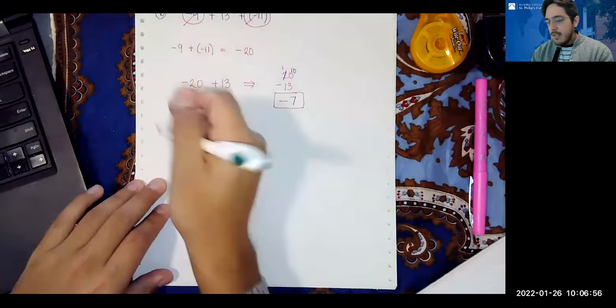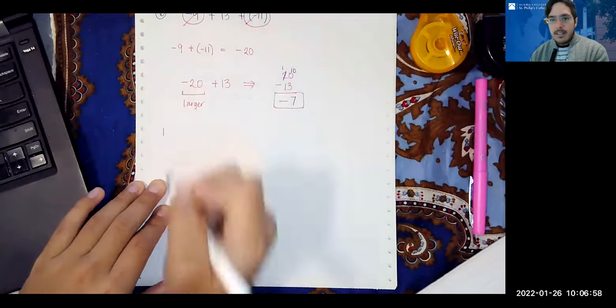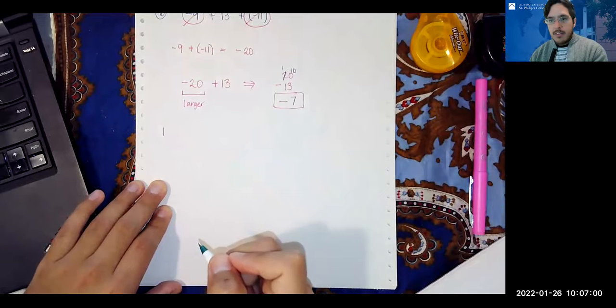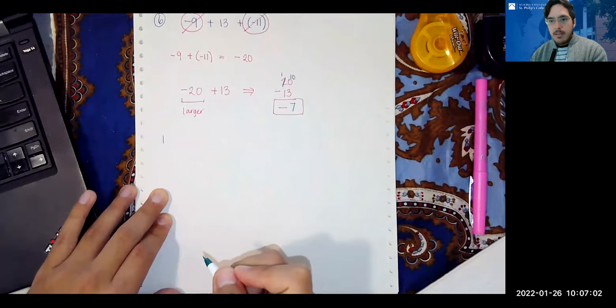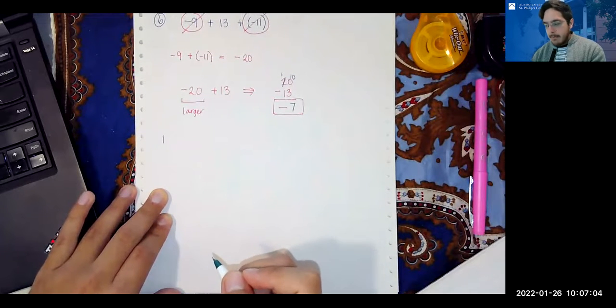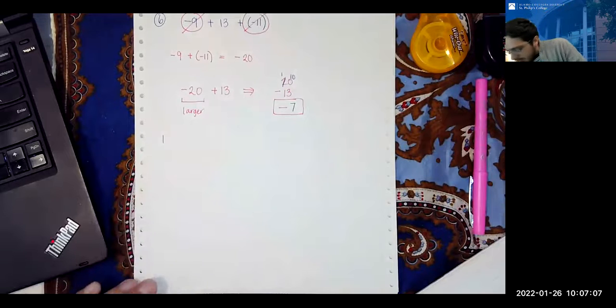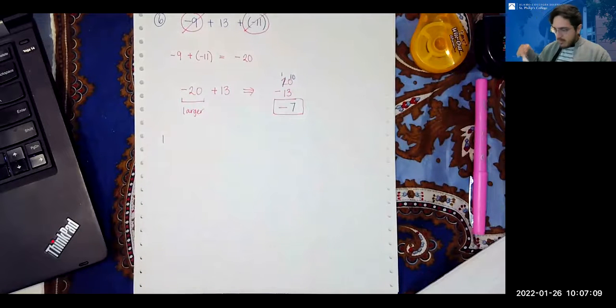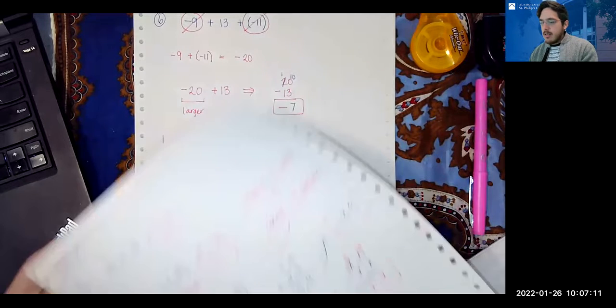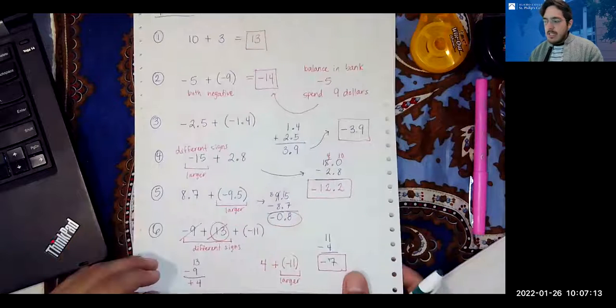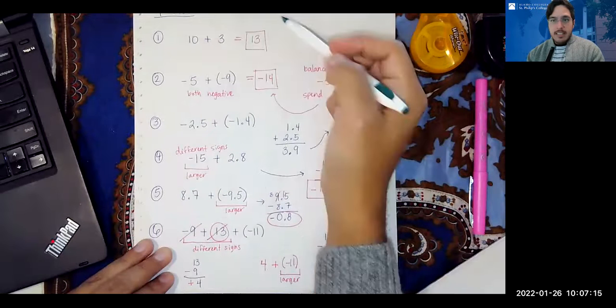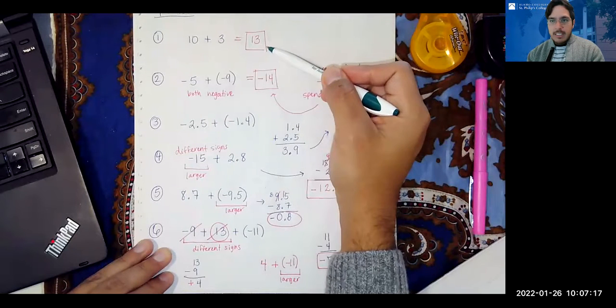Can I ask you a question? Can you just tell me the answers for these, so I can know if I got them wrong or not? Because I did all of them. The answers I boxed in, right? So the first one was 13.